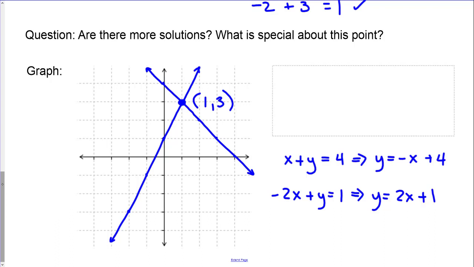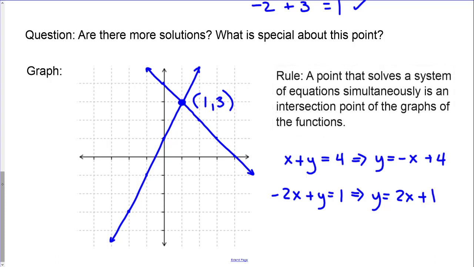So the rule is a point that solves a system of equations simultaneously is an intersection point of the graphs of the functions. In order for two graphs to share the same coordinate pair, they have to have an intersection point.